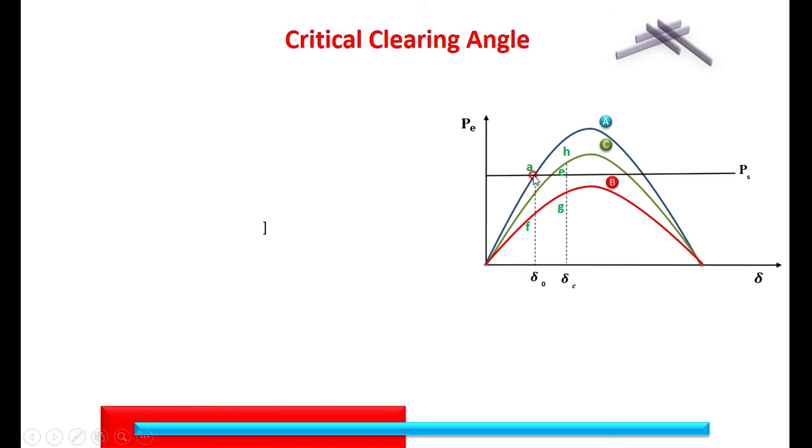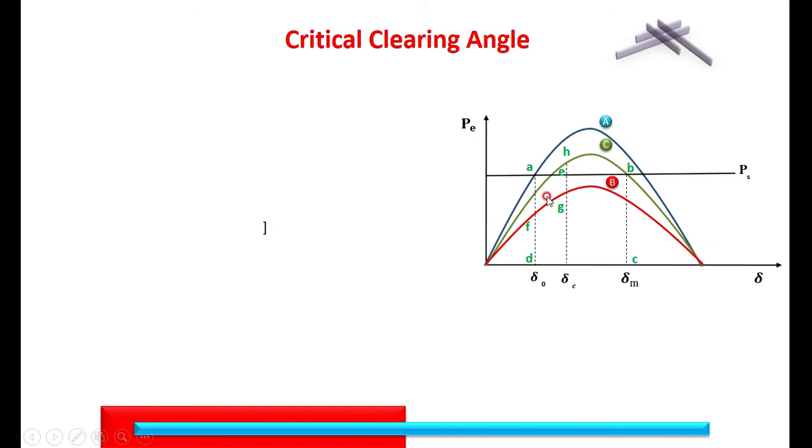Before the fault, the operating point is A. Then when the fault occurs, it shifts to F. When the fault is not cleared, the operating point moves along this curve. At this particular point, the fault is cleared, then the operating point shifts to H. Then because of the damping torque, H has to be moved to swing the angle towards B.